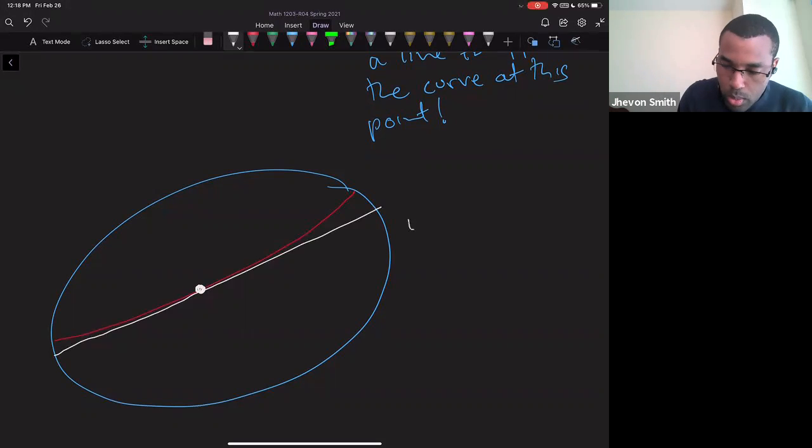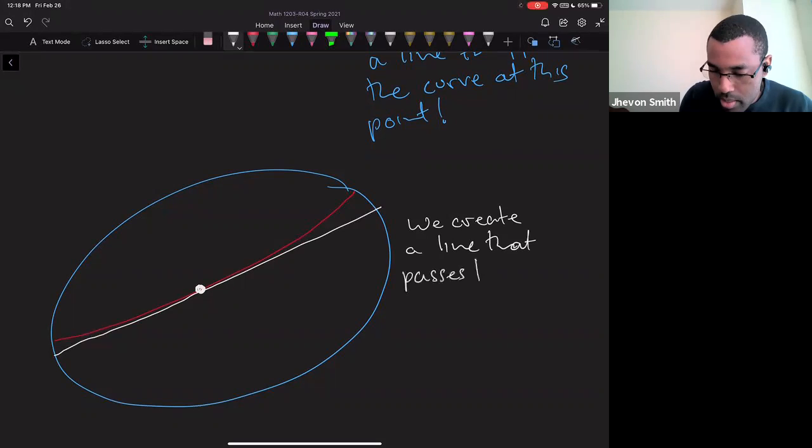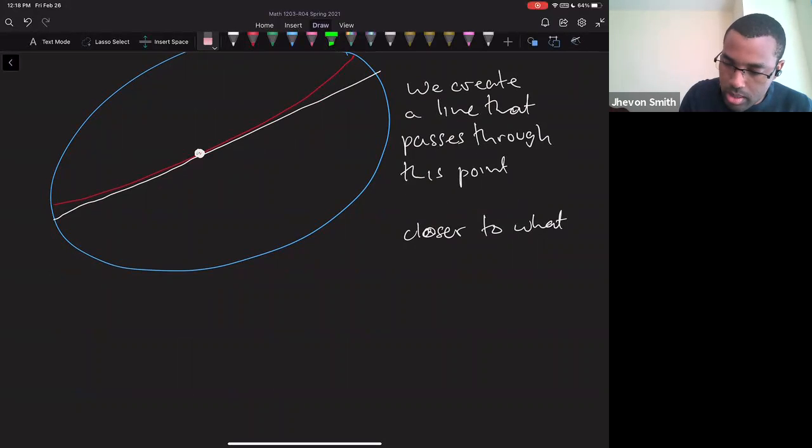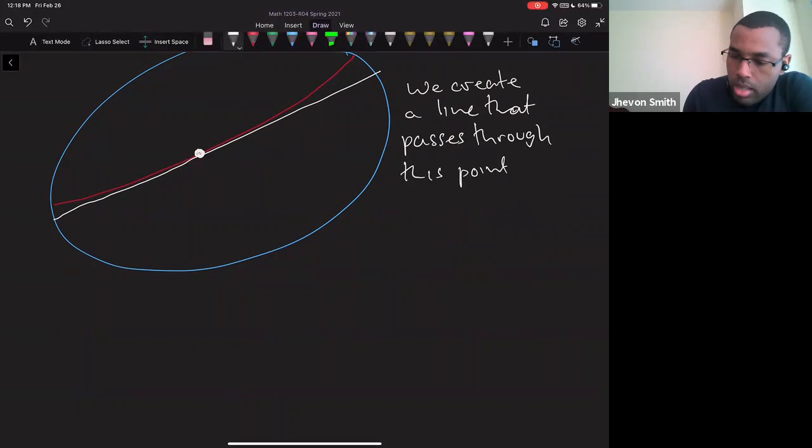So we create a line that passes through that point and gets closer and closer to what the curve does, or it's actually the other way around, to approximate the curve.